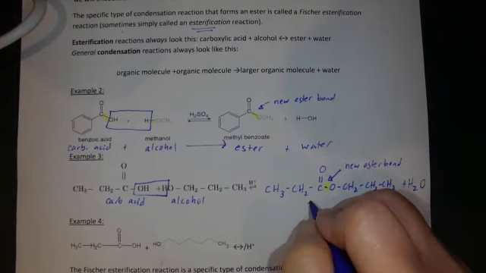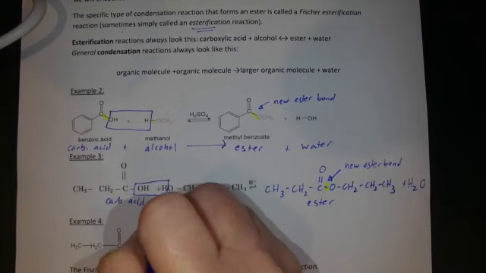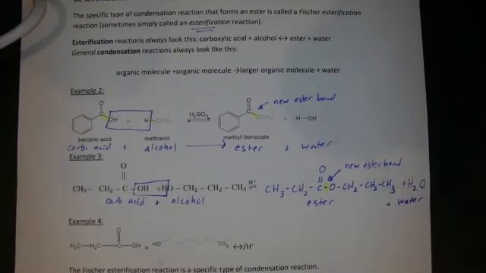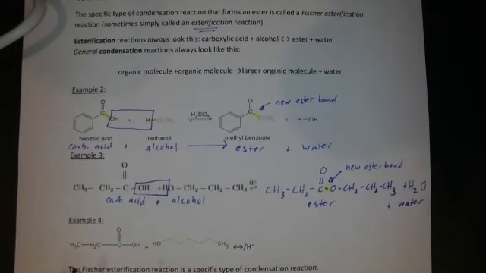So we have formed an ester. Carboxylic acid plus alcohol forms ester plus water. I encourage you right now to pause the video and practice example 4 on your own. Identify what you have, alcohol, carboxylic acid, whatever. Box out water to form your products. So pause your video and do that.